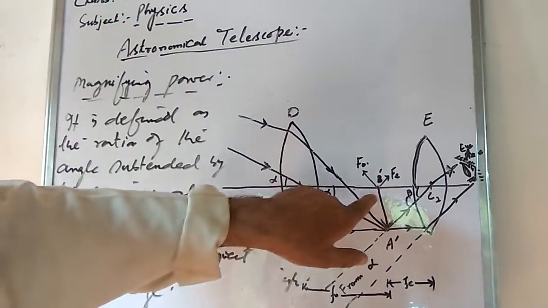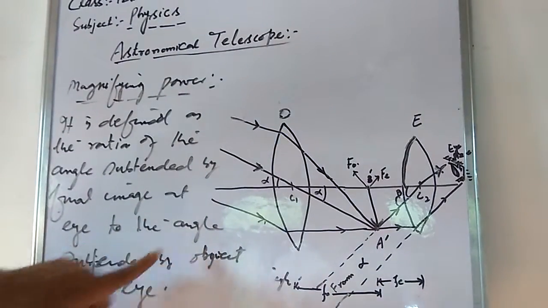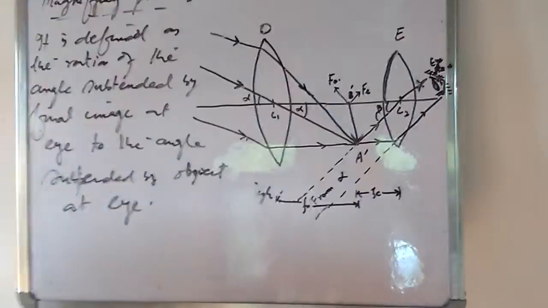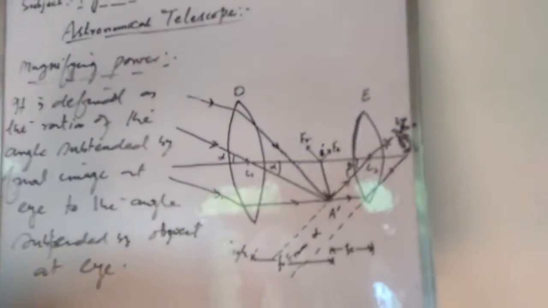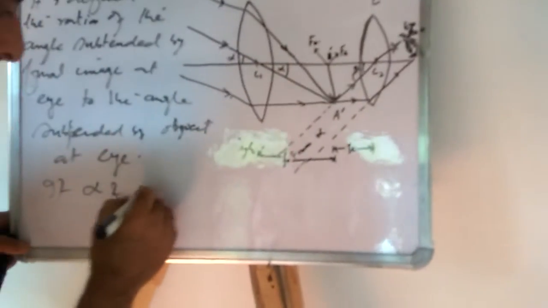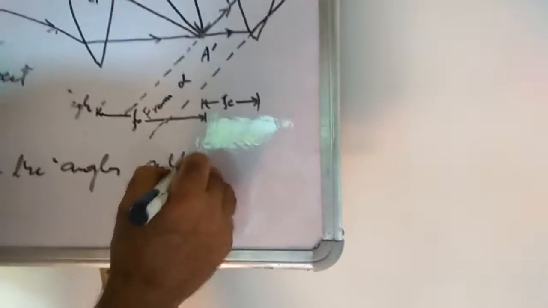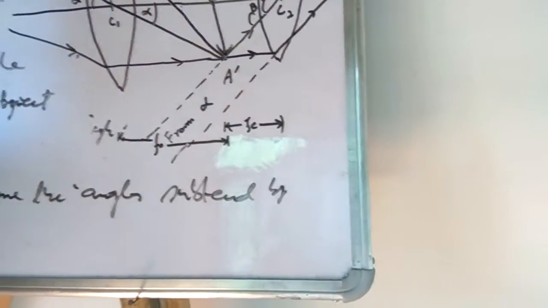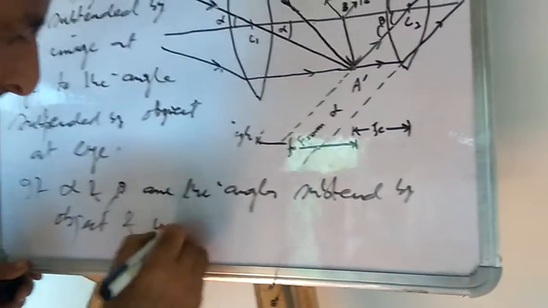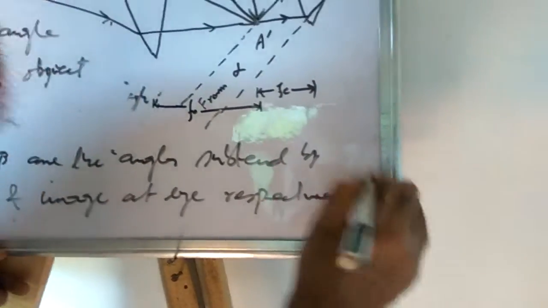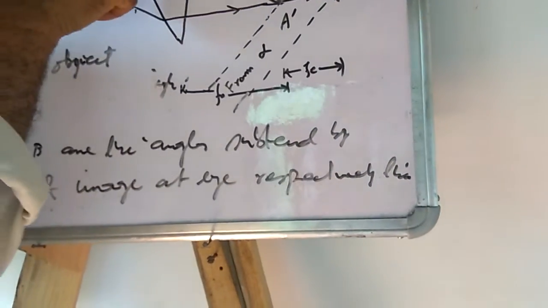It is the ratio of the angle subtended by the final image at the eye to the angle subtended by the object at the eye. Now look here, alpha and beta are the two angles. If alpha and beta are the angles subtended by the object and image at the eye respectively, then alpha is the angle subtended by the object at the eye and beta is the angle subtended by the image at the eye.